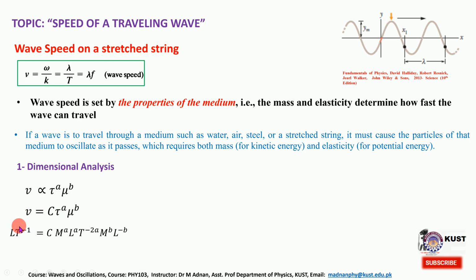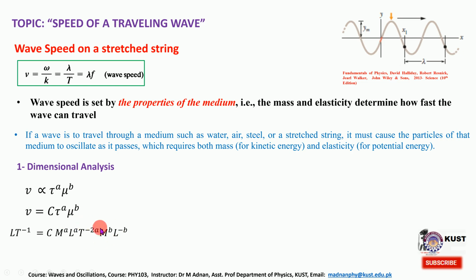Now we know that velocity is length over time, and tau is the tension, which is a force, so force is m times a, so this is mass, and a is meter per second squared, so there will be length and then T to the power minus 2. With the proportionality exponent a, we will have L^a T^(-2a), and then the dimension of mu, which is mass per unit length, so mass to the power b, and length to the power minus b.